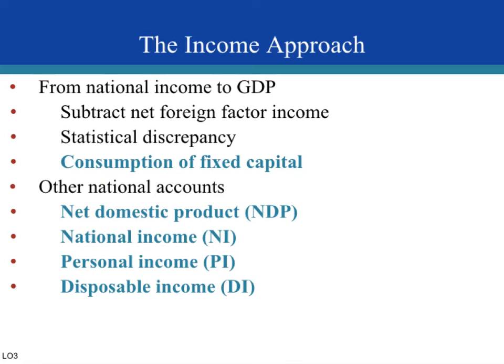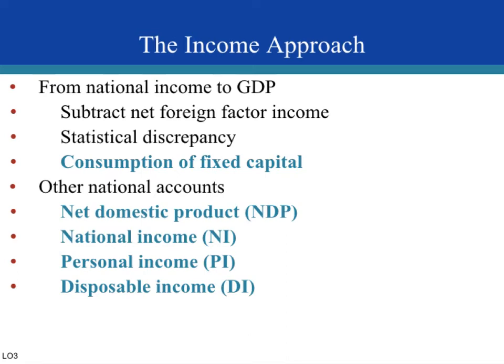Some other national accounts: net domestic product is simply gross domestic product minus the consumption of fixed capital. It simply is GDP adjusted for depreciation. It also shows how much government and businesses and households can consume in the years without limiting its capacity to produce.